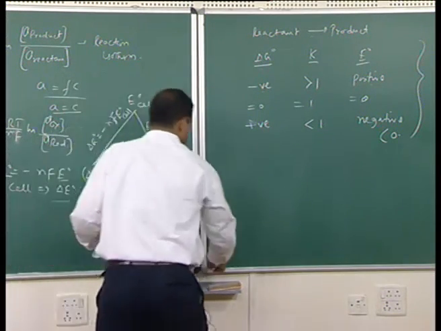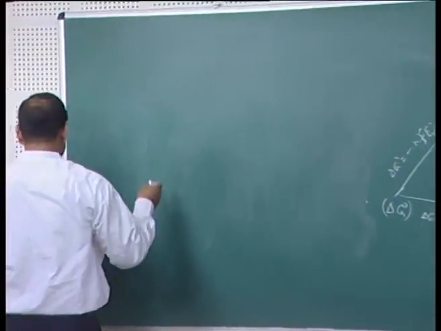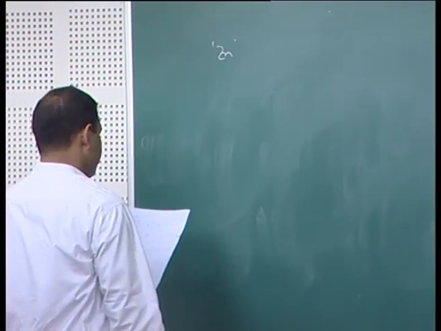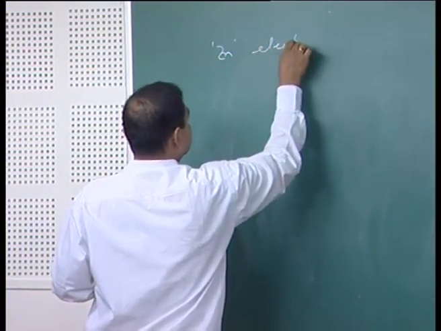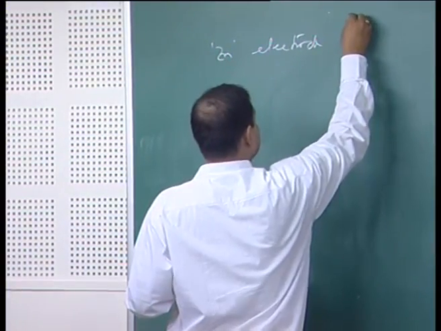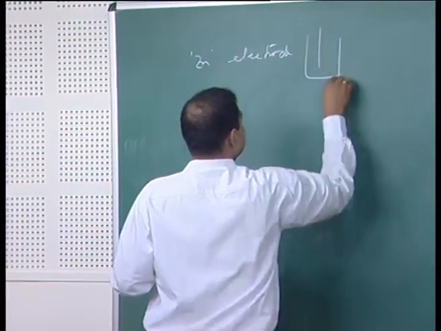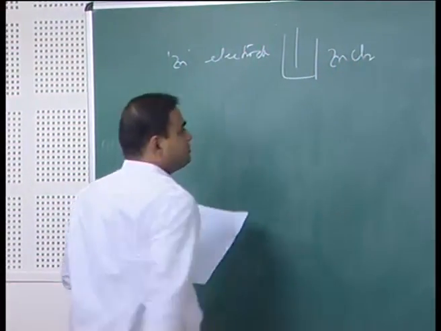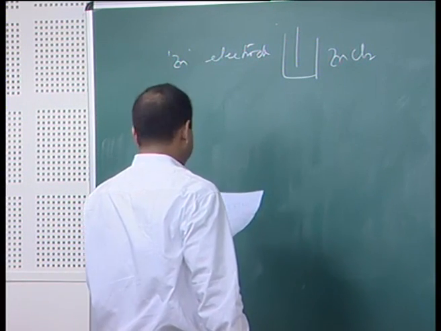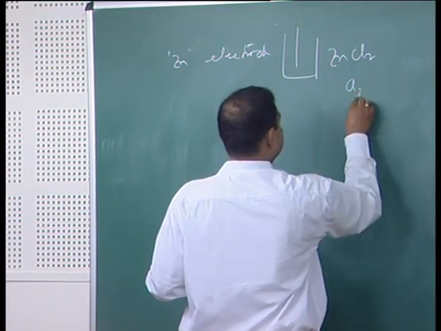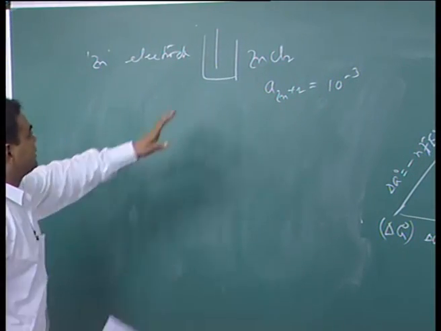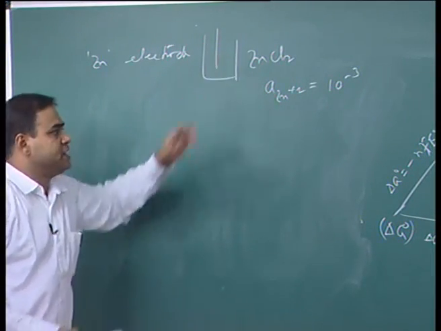Let us say I would like to calculate for a zinc electrode immersed in zinc chloride solution, and in the zinc chloride solution the activity of Zn plus 2 equals 10 to the power minus 3. What would be the potential developed at this electrode?